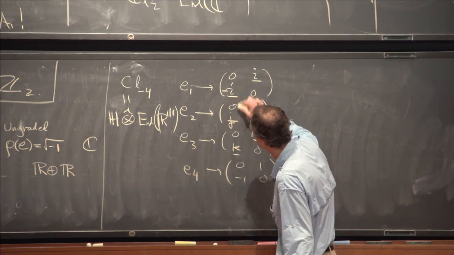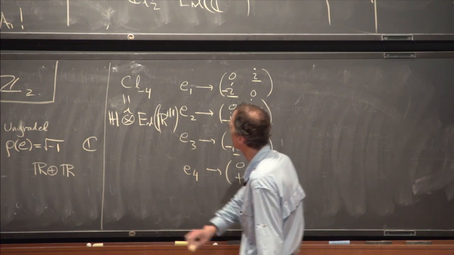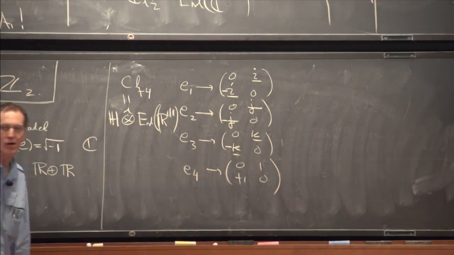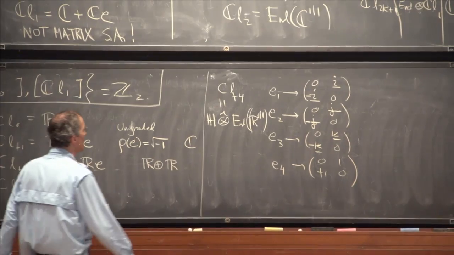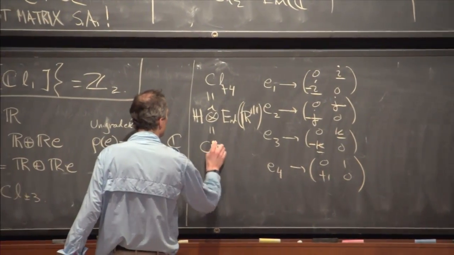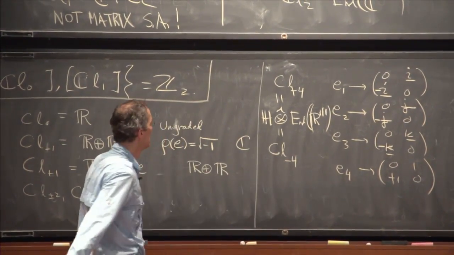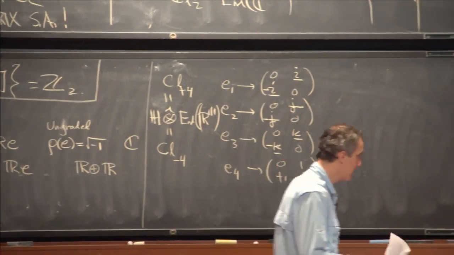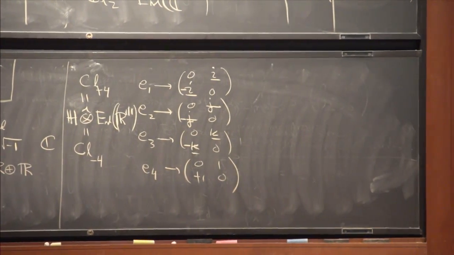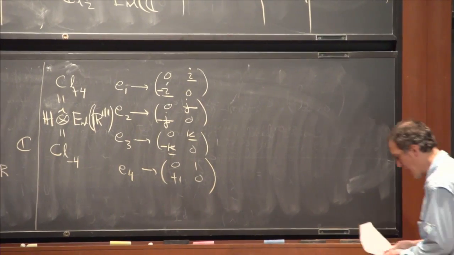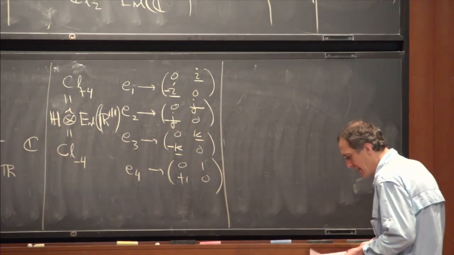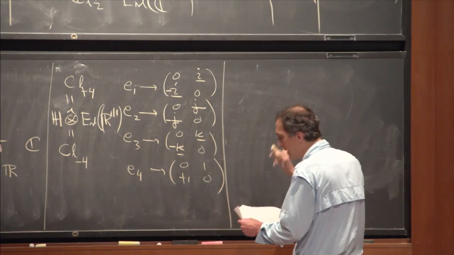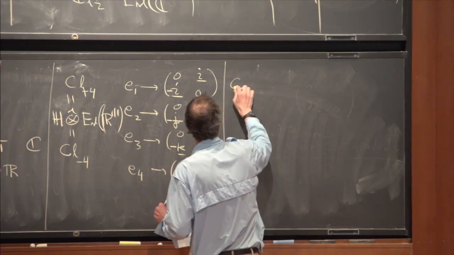And if we change the sign here, here, here, and here, we get Clifford plus 4 is equal to exactly the same thing. So Clifford plus 4 is Clifford minus 4. This is Morita equivalent to H. So now, because I'm running very short on time, let me just say, I need to do one thing, which is just too beautiful not to do.